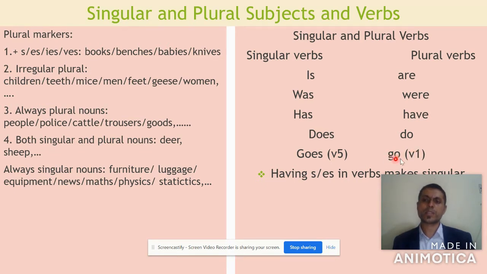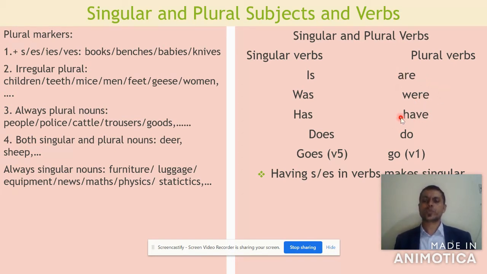Plural verbs, right? This "do" verb one, then "go" also verb one, all the verb one of the main verb. So they are plural verbs, right? They are used with the plural subject, plural noun or pronoun. And you can see here you have auxiliary verbs: "were" plural, and "are" plural.